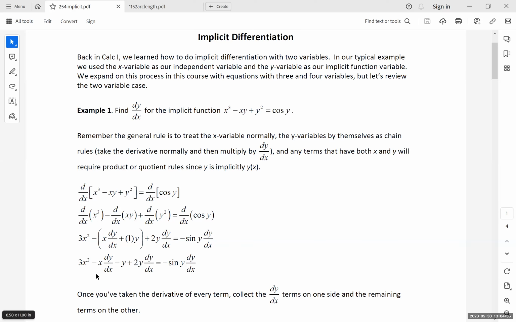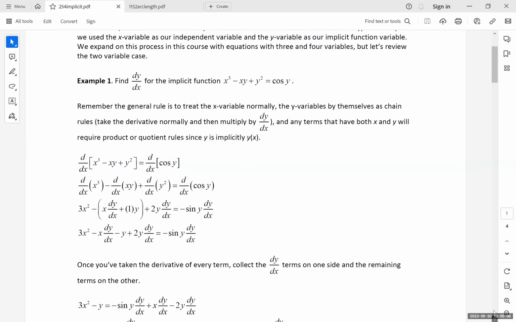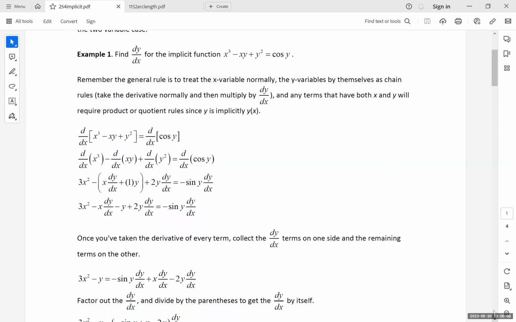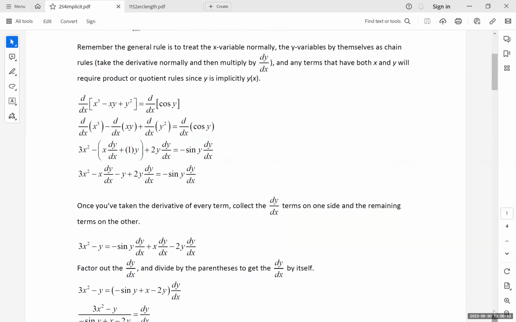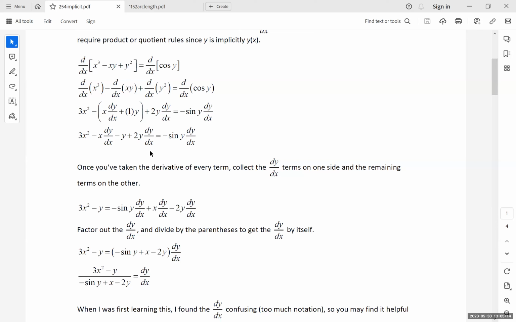Now, we're not quite done at this point. We do have to collect all the dy/dx terms so that we can say dy/dx is equal to some expression that will involve both x and y. So the first operation is to pull all the terms that have dy/dx in them over to the same side of the equation.